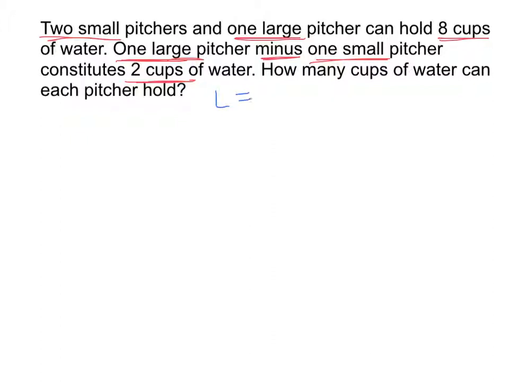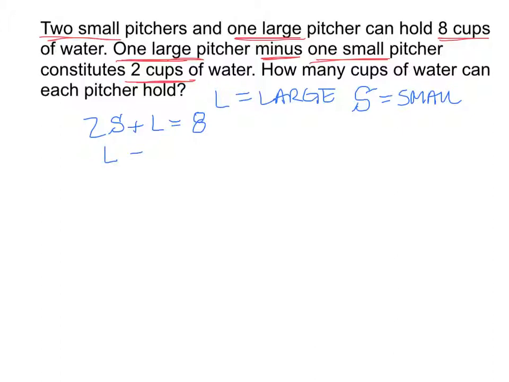I'm going to let L equal the large ones, and I guess we'll use S. I hate S, but there's my S for the small ones. Now, I know that 2 smalls plus 1 large holds 8 cups. So 2 small plus 1 large equals 8. And I know that 1 large minus 1 small is 2.